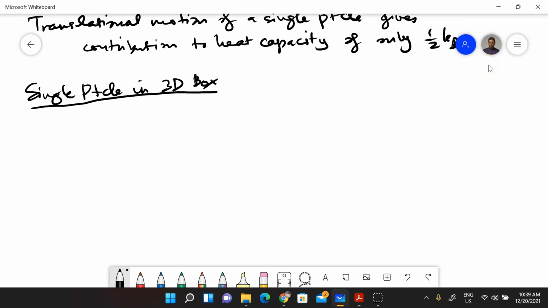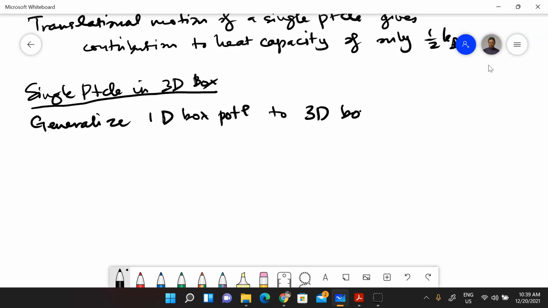Again, if you have done quantum mechanics, you know how to do this. So generalize the 1D box potential to a 3D box potential, and you can actually solve it. But this amounts to just generalizing the wave function that we had earlier.